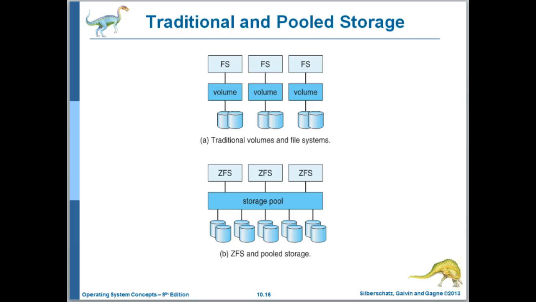A more elegant solution is to use pooled storage. In Linux, there's LVM, the Logical Volume Manager, that allows you to simply, in essence, pool your disks into a storage and then dynamically allocate space as needed among your file systems.